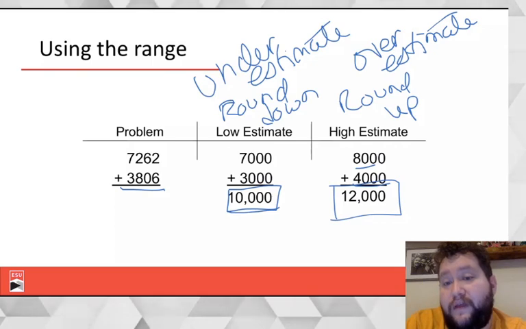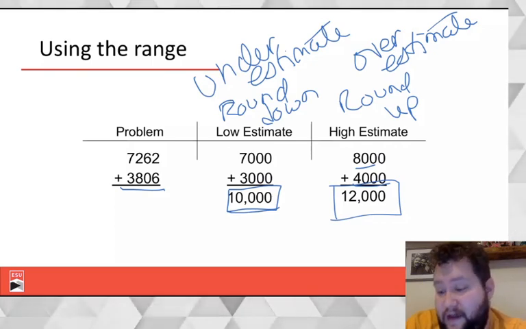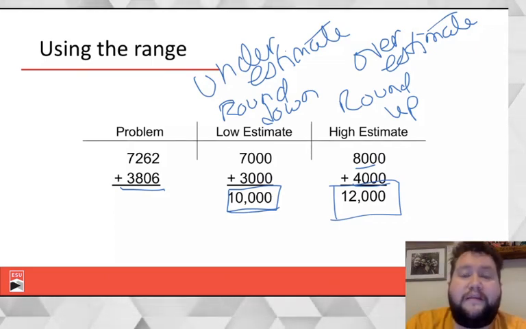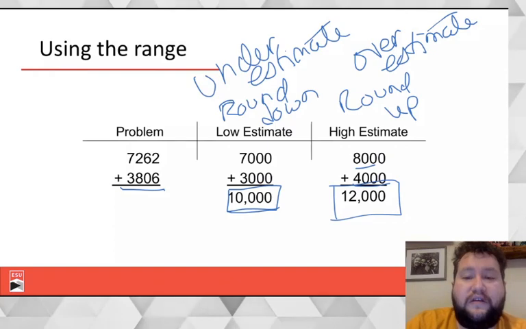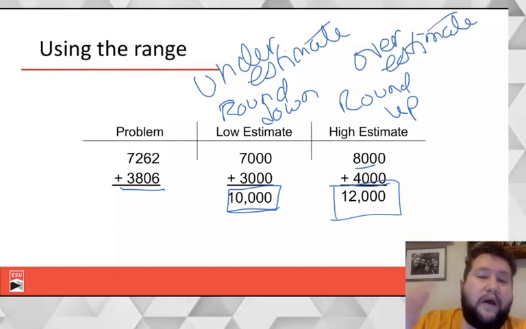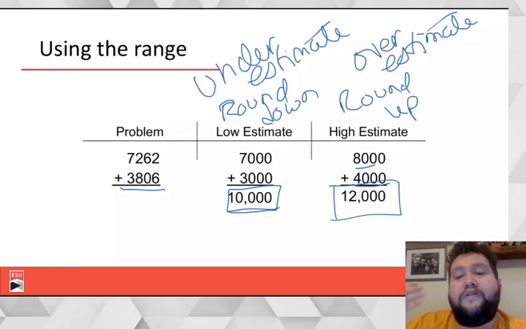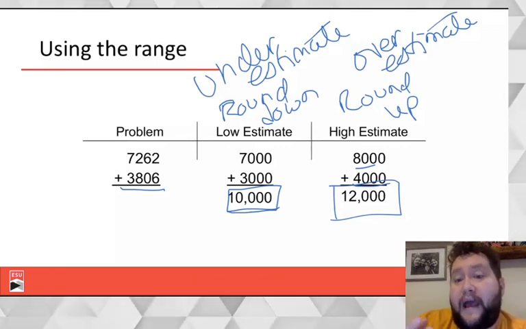I introduced ways for doing mental addition and ways for doing estimation. But again, this is really what do we need to know about the math that will enable us to be better teachers in the future.